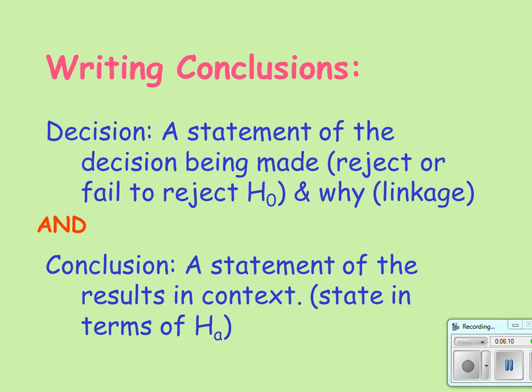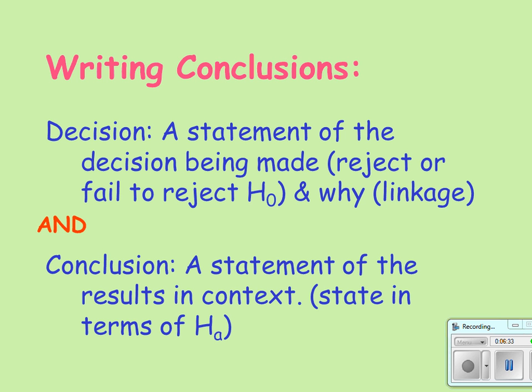The decision is a statement of whether you are rejecting or failing to reject your null hypothesis, and then, of course, you tell me why. So that's it. You're rejecting or failing to reject, and you tell why.